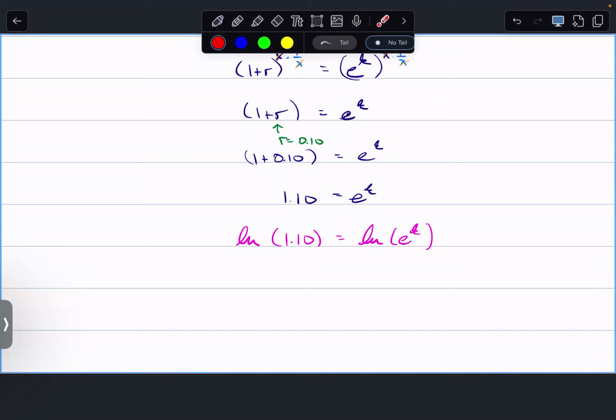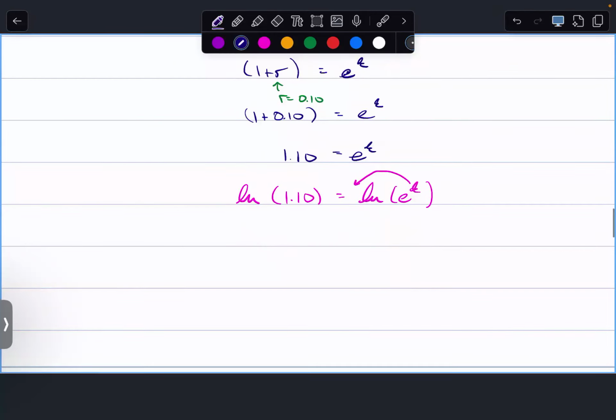Log properties. Technically, what are you doing? You're using that log property and bringing that k out front. And then the log base e of e to the power of what makes e to the power of 1, makes e. And so log base e of e is 1. So I still have the natural log of 1.1 is k.